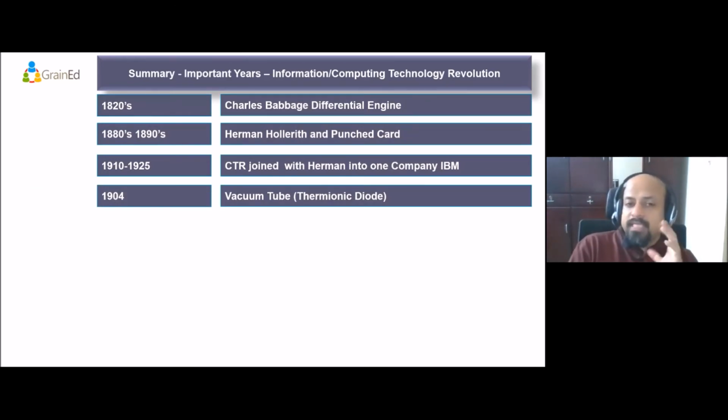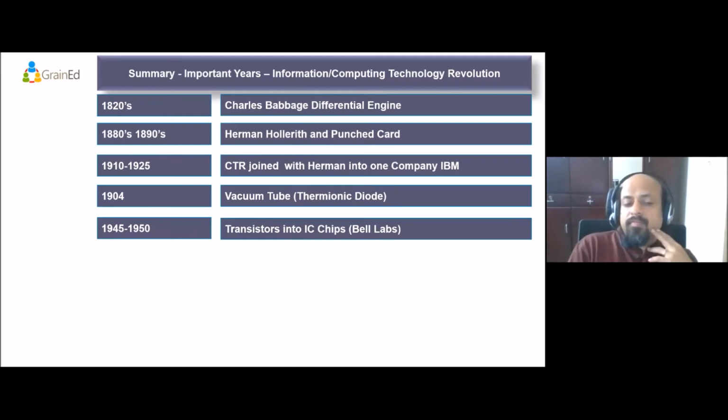Vacuum tube, 1904, key invention, the thermionic diode, right?